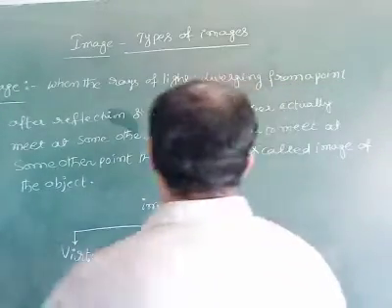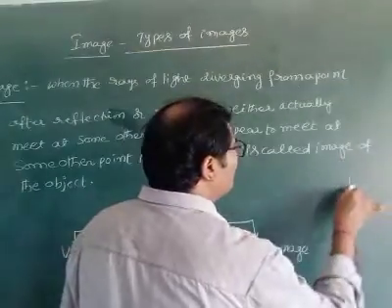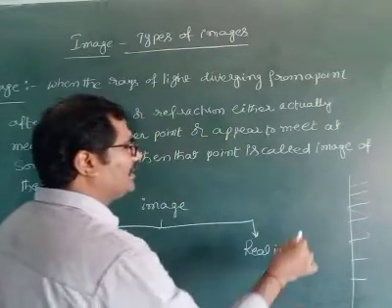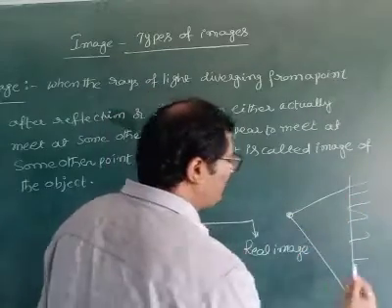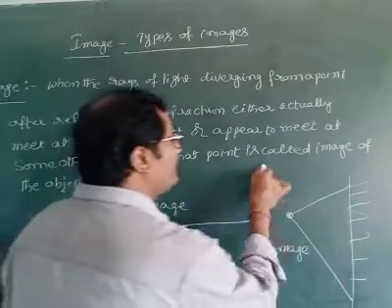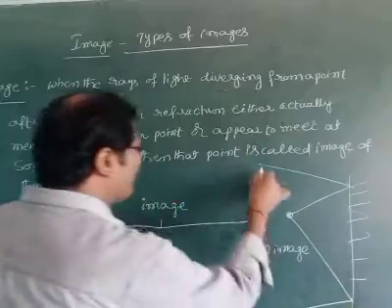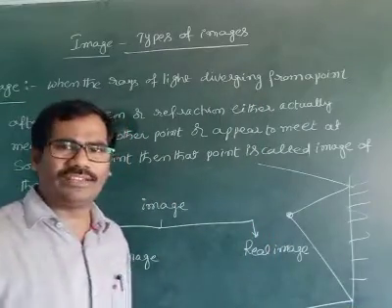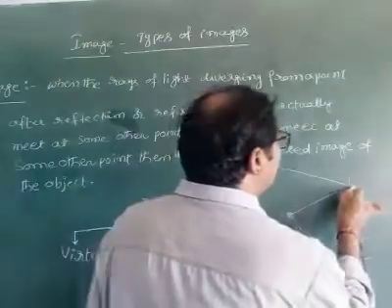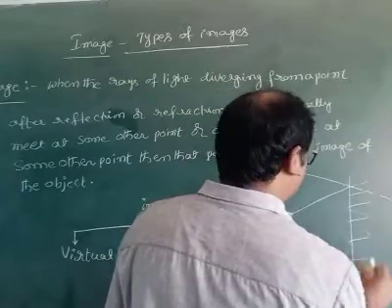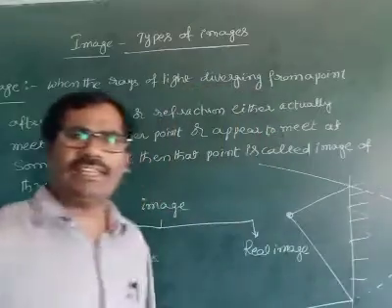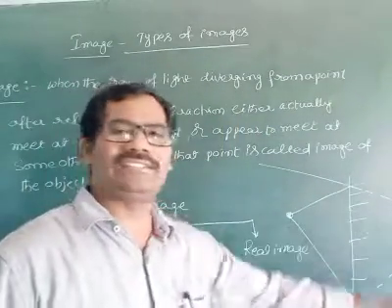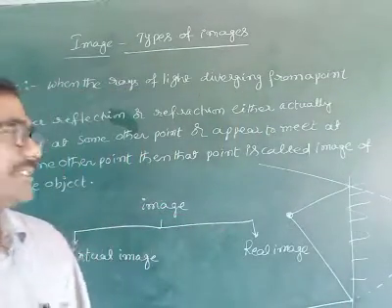The object's rays are incident on the mirror, they reflect, and they meet at some other point. That is known as the image of the object.